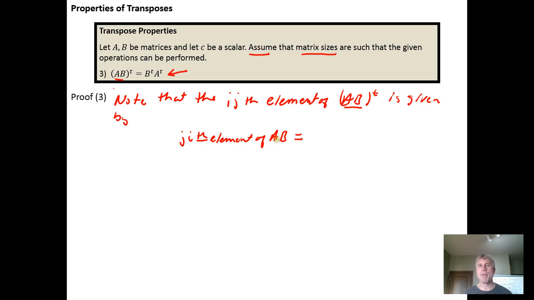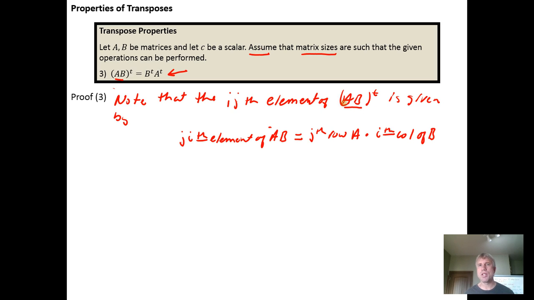Well, we know how matrix multiplication has been defined. It's row vectors dotted with column vectors. Row vectors of A dot product with column vectors of B. So the jith element of AB is the jth row of A dot product with the ith column of B.